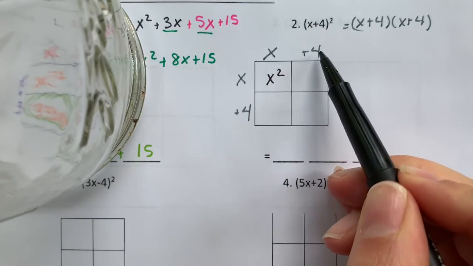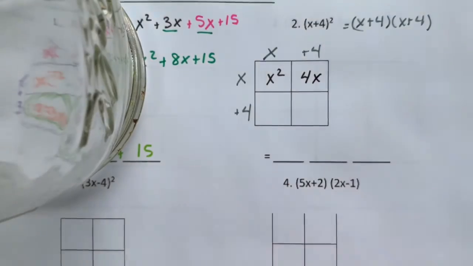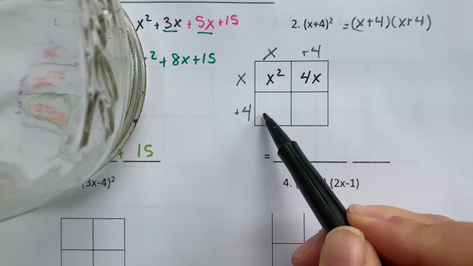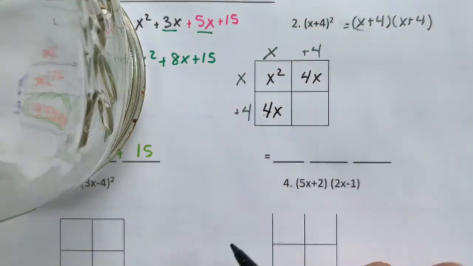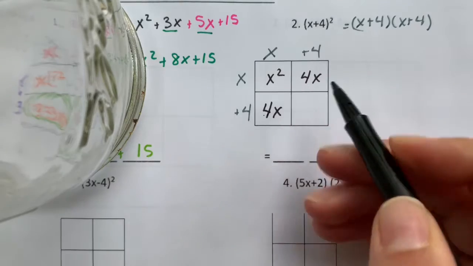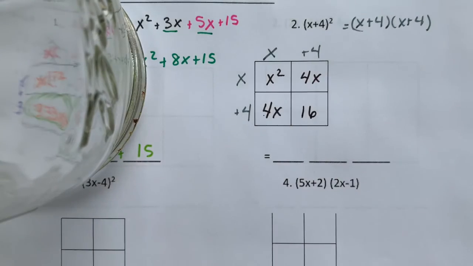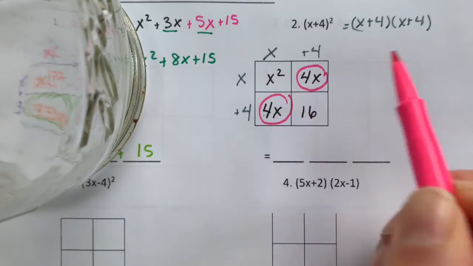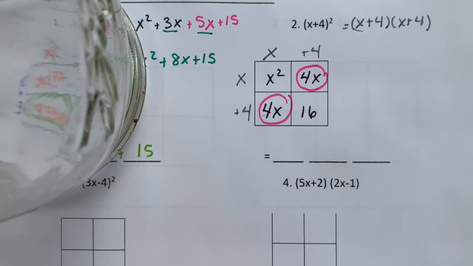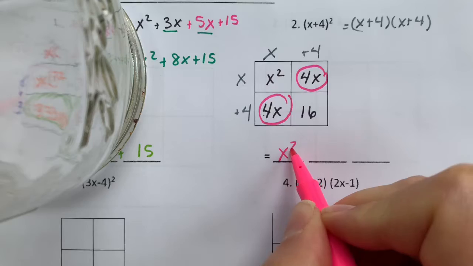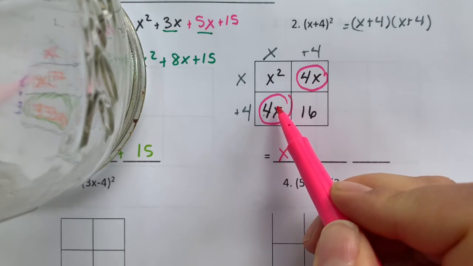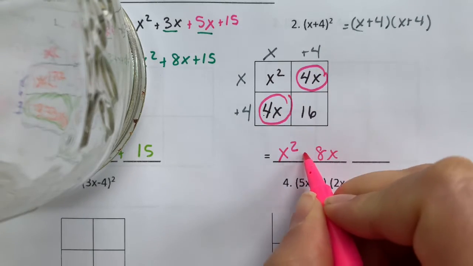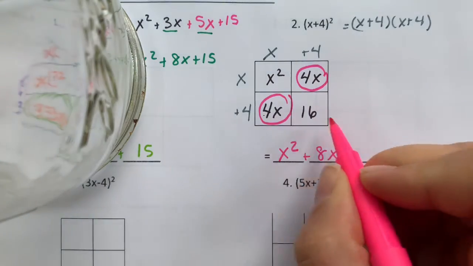X times 4 is 4x. X times 4 is 4x, and 4 times 4 is 16. So we would add anything that's exactly the same, meaning that I have an x, 4x, and 4x, so that I would have x squared, 4 plus 4 is 8, so I have a plus 8x and a 16.